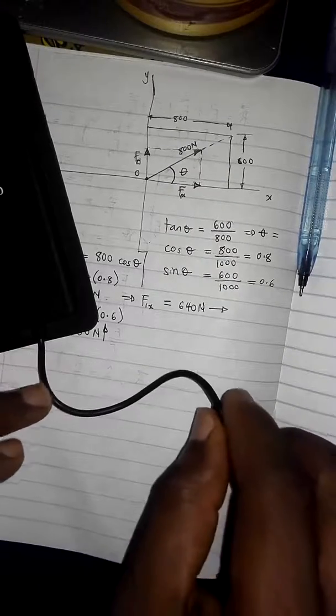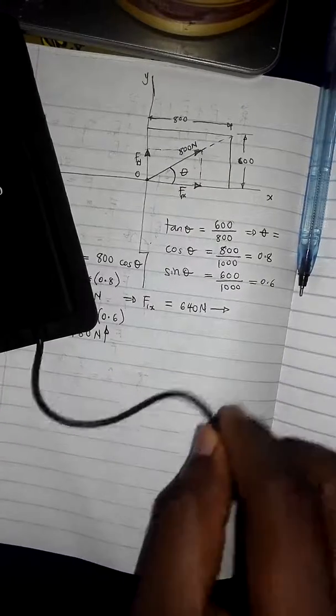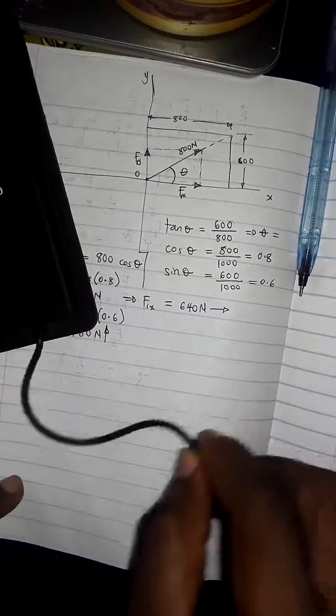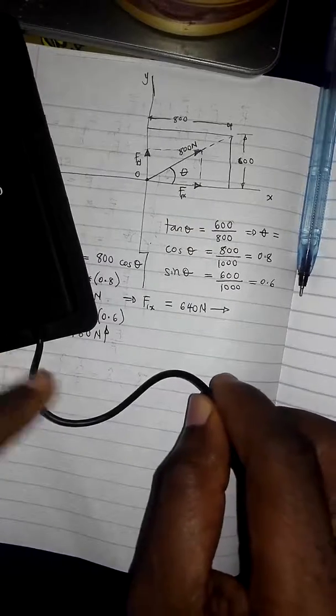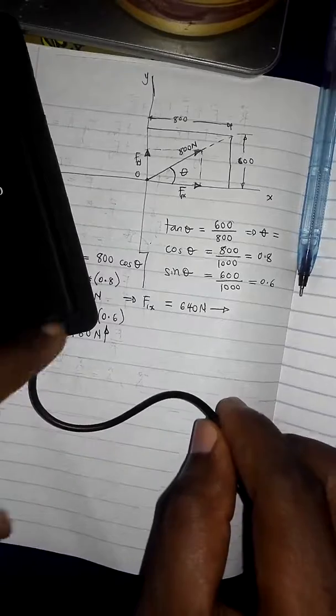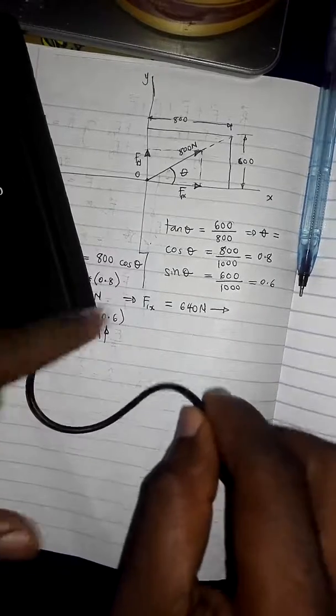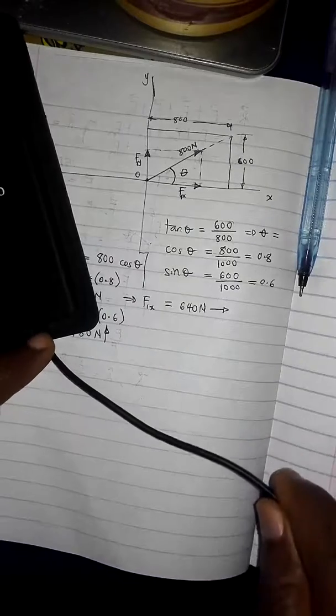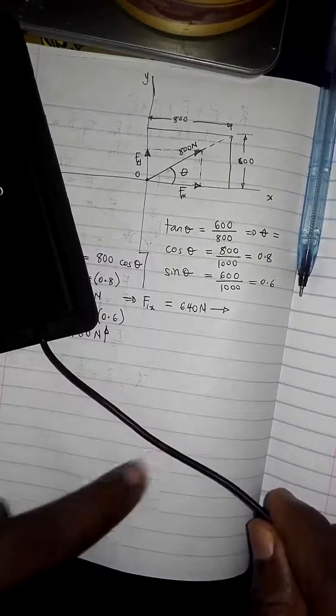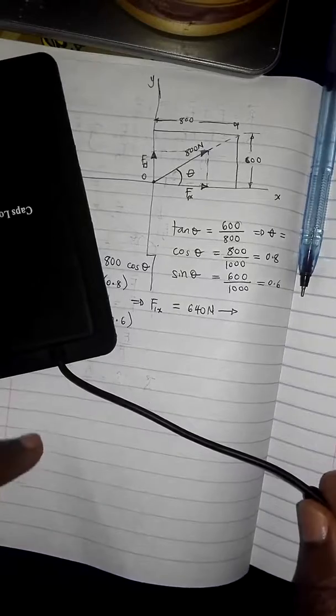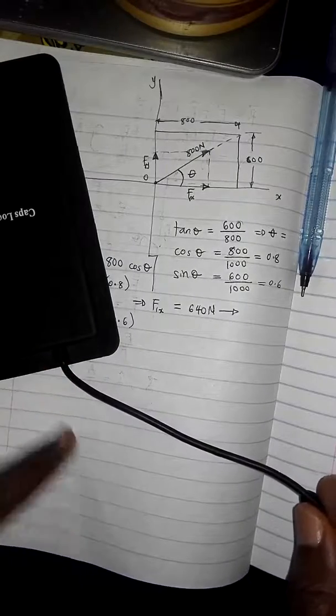So far as it is yet to be fully stretched out, it cannot exert a force at this other end. That means it is still not in tension, and for it to be in tension it has to be fully stretched out. When it is fully stretched out and you pull further, then it is under tension, and then it can exert a force at this end.